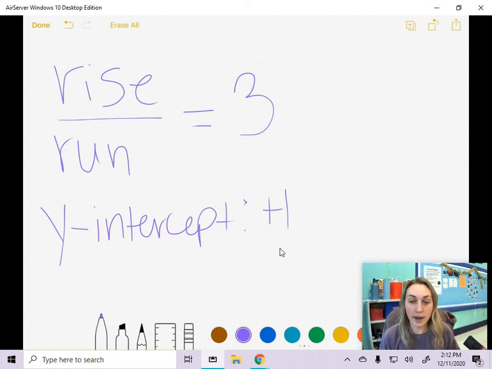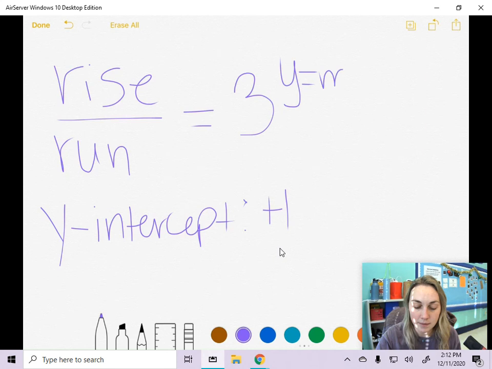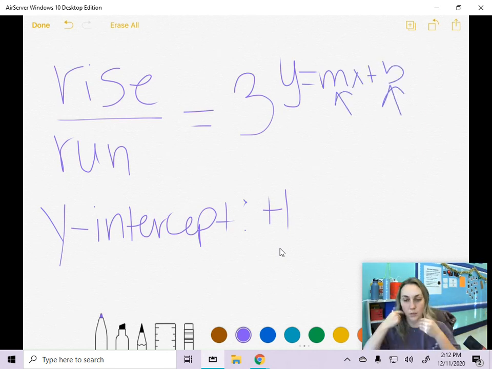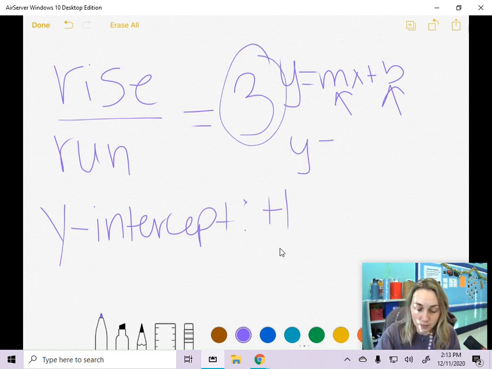Now that I have the slope and the y-intercept, I can put them into slope-intercept form. Again, slope-intercept form is y equals mx plus b, where m is the slope and plus b is the y-intercept. The slope of this graph was 3, so I can substitute 3 where m is.